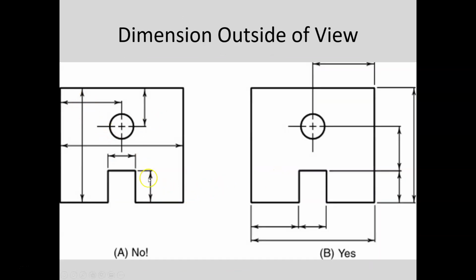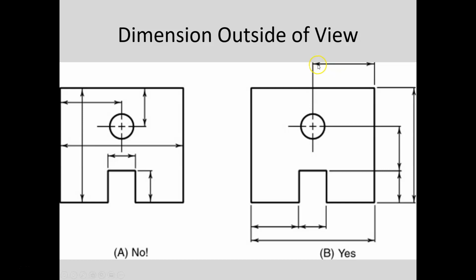All right, so here's an example. This is for another rule. We want to dimension outside of the views. This is not appropriate. But this is also a good way to show an example of crossing dimension lines. So that's a dimension line and that's a dimension line. These lines here, by the way, these are extension lines. This is a dimension line.